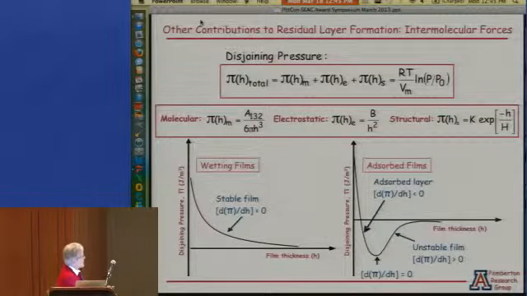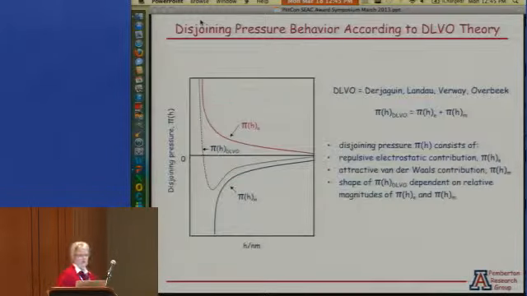Okay? So this disjoining pressure is reasonably well understood. As I said, it's got three contributions: the molecular, which I'll say a bit more about, the electrostatic, and the structural. In fact, DLVO theory embodies essentially the molecular, the van der Waals, and the electrostatic contributions, and allows you to separately calculate these contributions and predict what the overall total disjoining pressure of the system is. Leaving the structural component aside, which hopefully is relatively small in most systems.